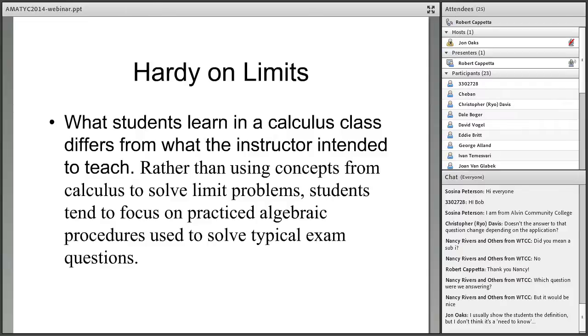Hardy recognizes this, and I have a feeling most of us recognize this too. What students learn in the calculus class differs from what the instructor intended to teach. Rather than using concepts from calculus to solve limit problems, students tend to focus on practiced algebraic procedures used to solve typical exam questions. And if we're going to fix this, the typical exam questions have to change.